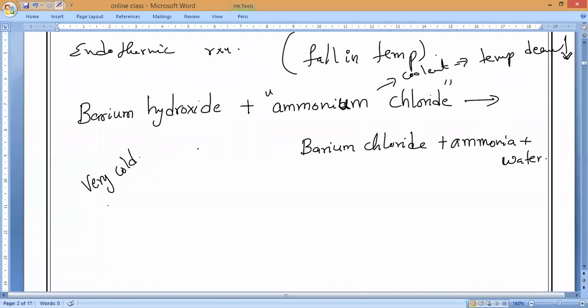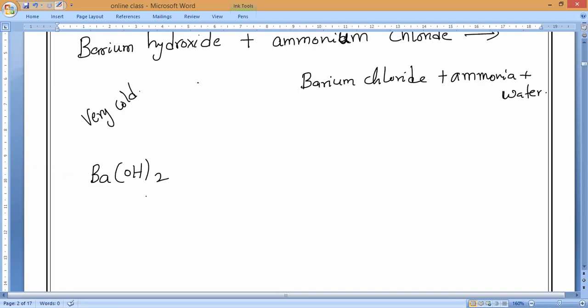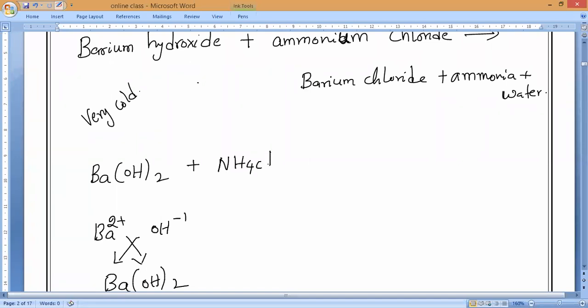Now let me write the chemical equation. So barium hydroxide. Anybody? Ba2 plus hydroxide minus 1, so that will become Ba(OH)2. Any doubt? Plus ammonium chloride. Anybody? NH4Cl.